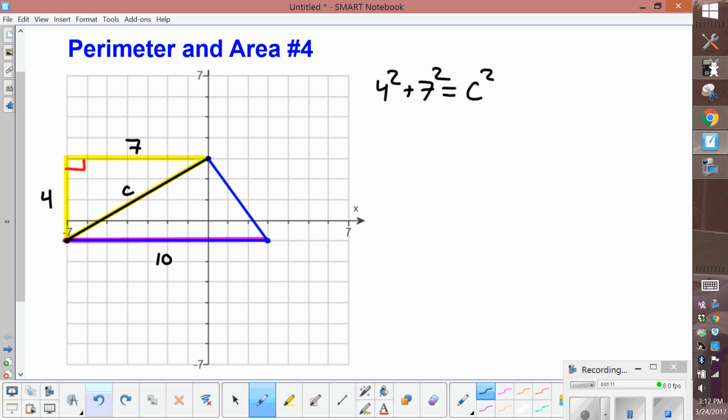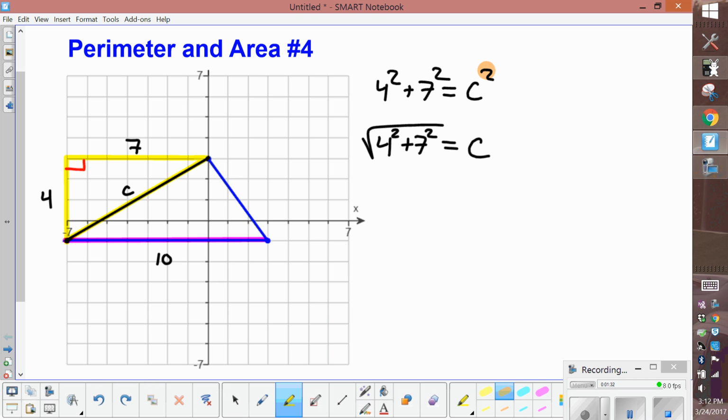If I want to get rid of this squared here, the opposite of squaring something is to square root. So the square root of 4 squared plus 7 squared gives me just c, because square rooting and squaring are opposite operations, like add is to subtract or multiply is to divide.